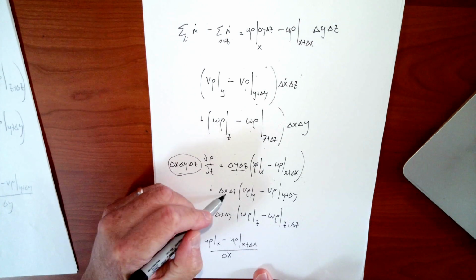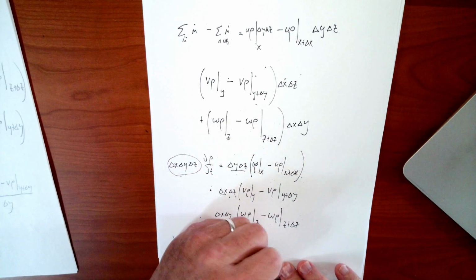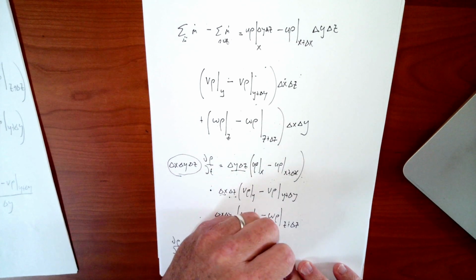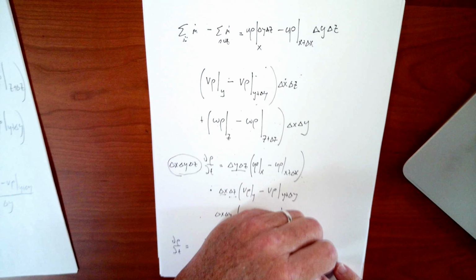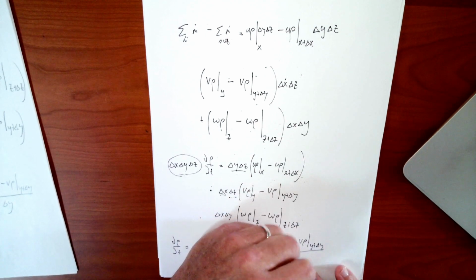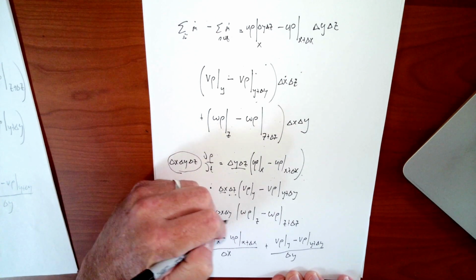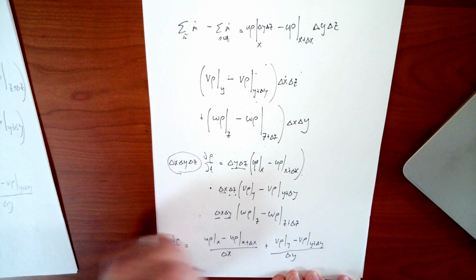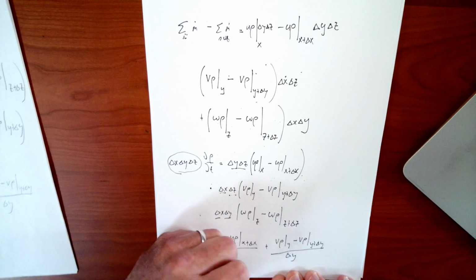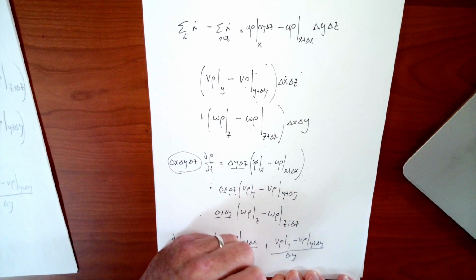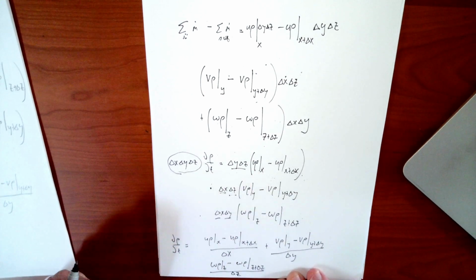This term has delta x and delta z in it, but not delta y, so the only thing in the denominator is delta y: v rho at y minus v rho at y plus delta y, divided by delta y. And the third term has delta x and delta y, but doesn't have delta z in it, so the denominator has only delta z: w rho at z minus w rho at z plus delta z, all divided by delta z.